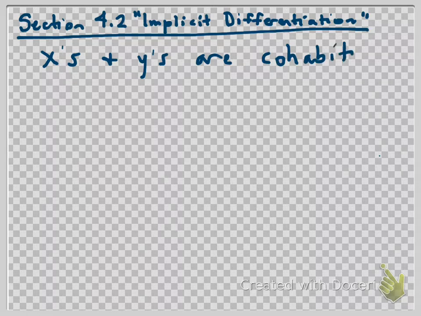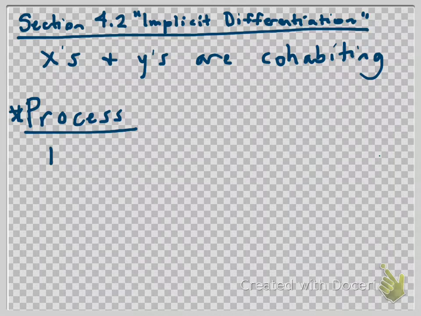Now, obviously, cohabitating is not an official math word, but what does cohabit mean? They live together, yes? So this is what implicit differentiation is for. There is a process, and I'm not writing the term implicit differentiation because that's literally all this lesson is about.